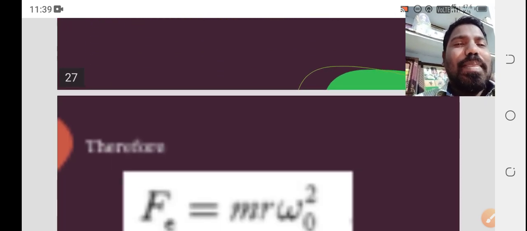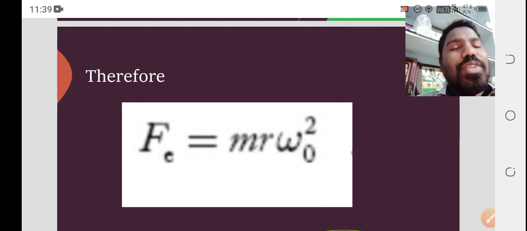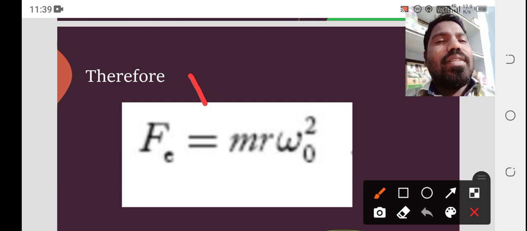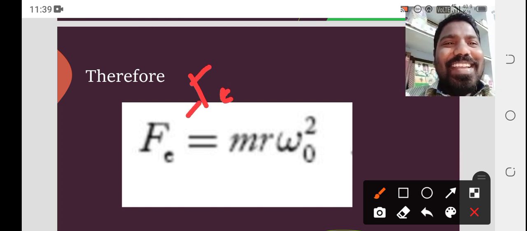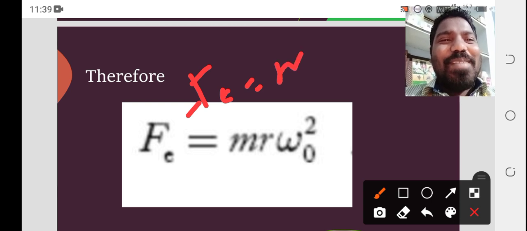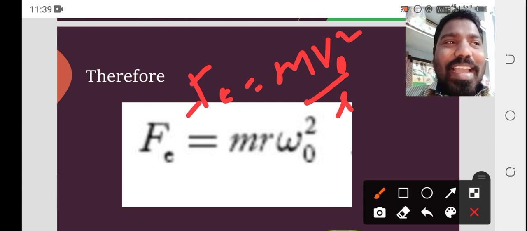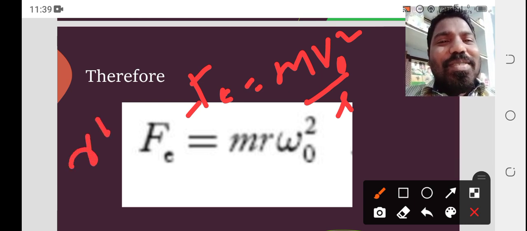Therefore, you replace the value. So what is F equal to? From the previous slide, it is defined as m v naught square by r. Is it right? Then replace the value. What is v naught? From the previous slide, v naught is r omega naught.